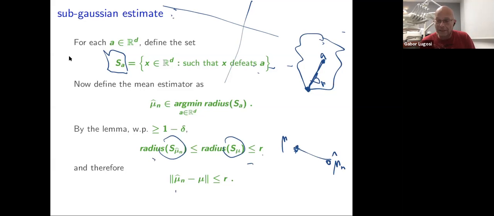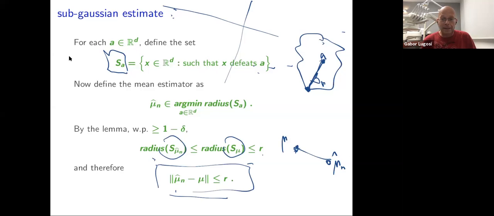So this distance is less than r. So by minimizing the radius of the set of the points that beat this candidate center A, we get an estimator that has the desired property.